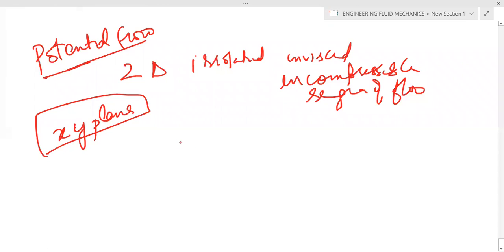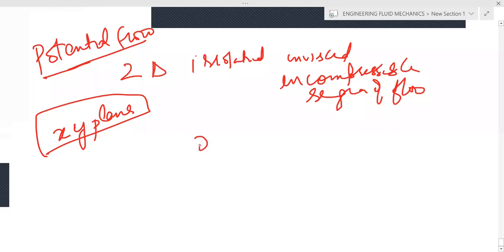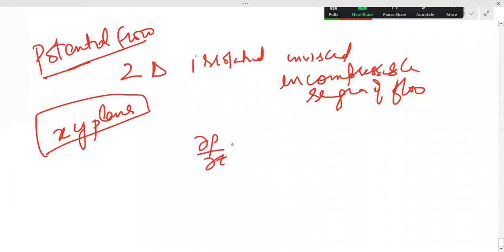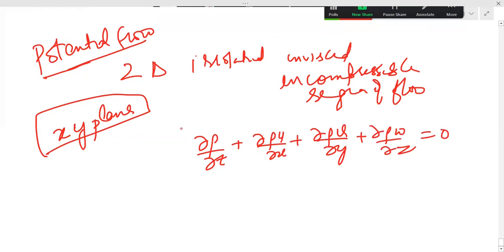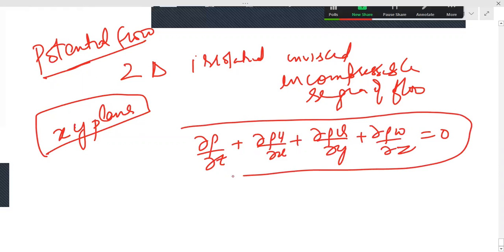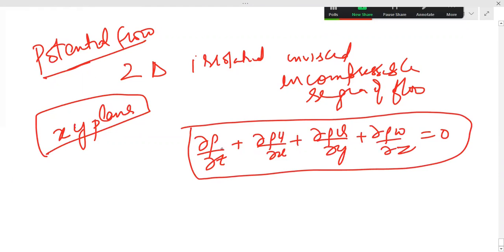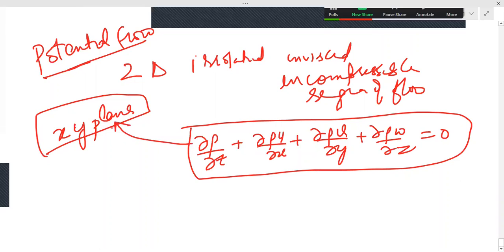How will the continuity equation look like? What should I write down? What is the generalized continuity equation? Curly rho by curly t plus curly rho u by curly x plus curly rho v by curly y plus curly rho w by curly z is equal to 0. This is the generalized continuity equation for any Newtonian fluid. What about two-dimensional continuity equation in XY plane?